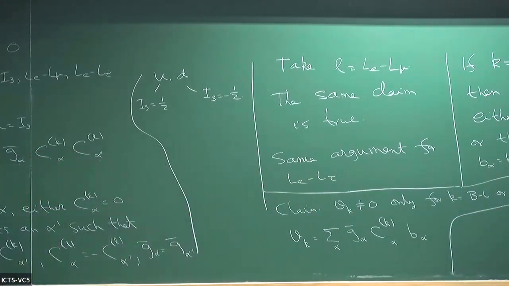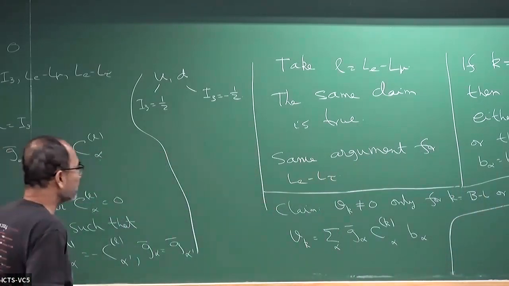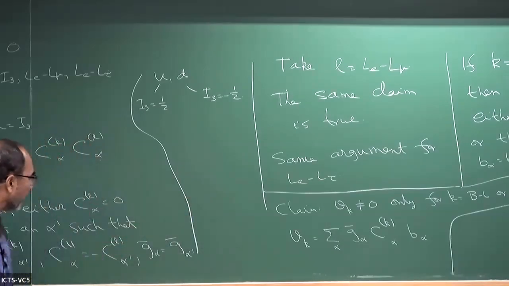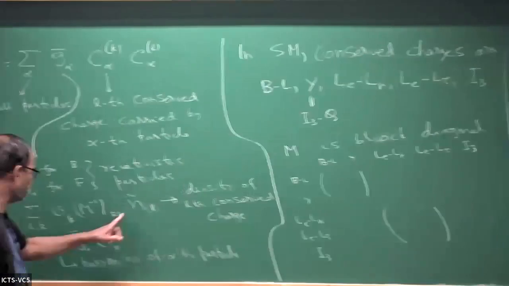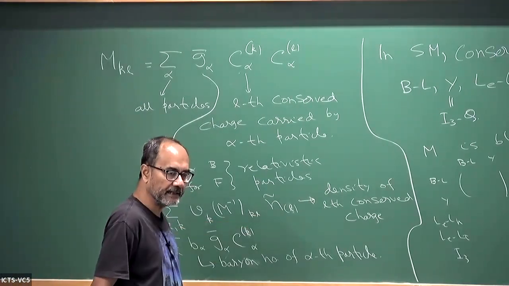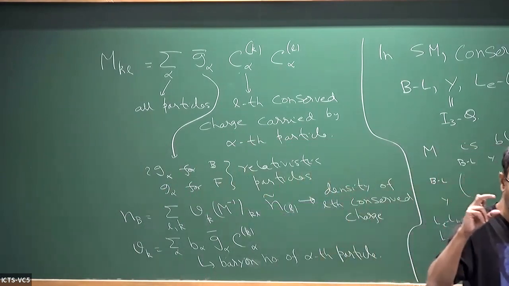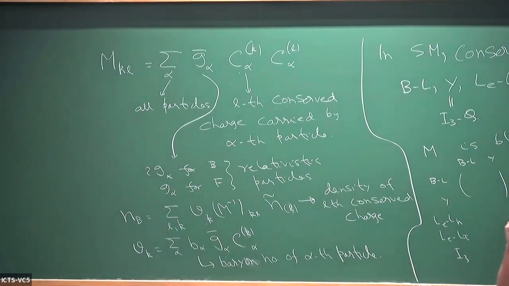Okay, so now we are going to do some explicit calculation of this matrix M and the vector V. Because once we have that, we can just substitute in this to calculate NV. And in fact, as we discussed last time, in N tilde L, the only non-zero N tilde L comes from N tilde B minus L. Because N tilde Y has to be 0 because it's a gauge charge, and the gauge charge you cannot produce from nowhere.